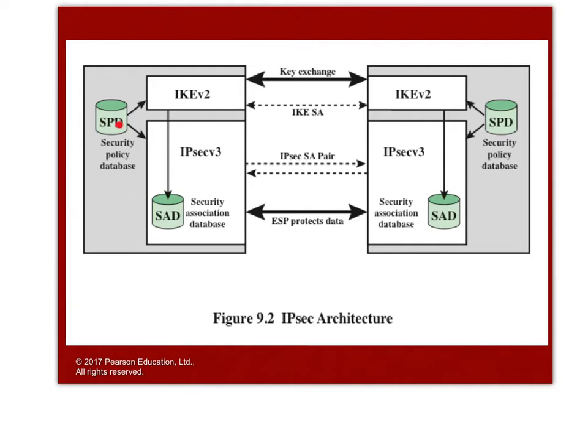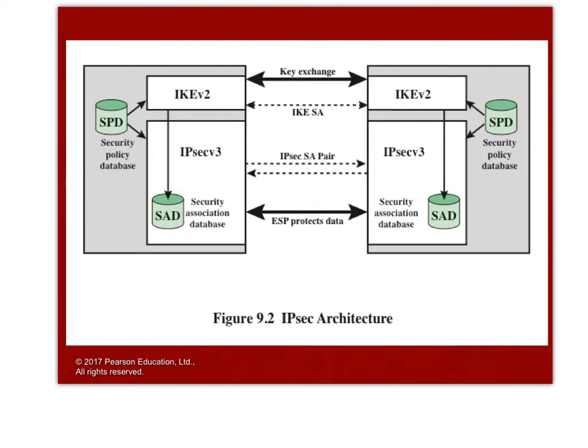So here, we need to define the security association for this tunnel, okay? So if I need to feed that traffic into a tunnel, then I need to have a security association which is defined in another database. Okay?